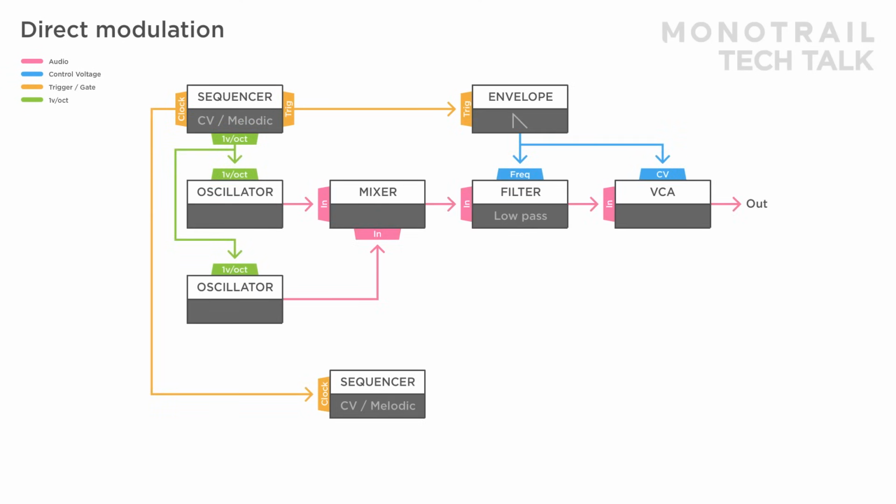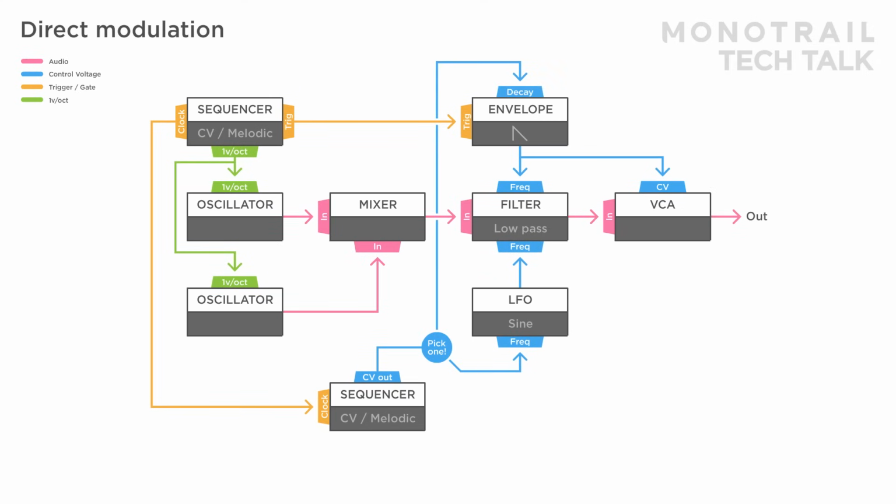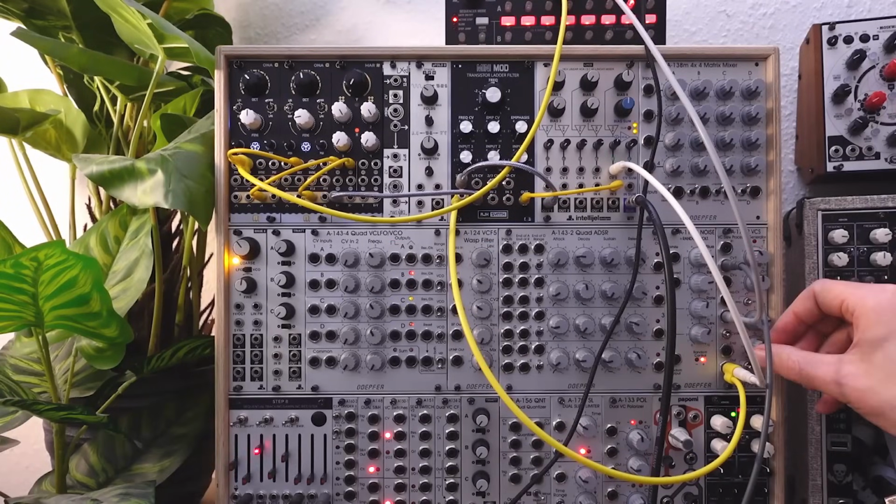Besides modulating parameters in the voice itself, you can modulate parameters on modulators. For example, the speed of an LFO modulating the filter, or the decay of an envelope opening the filter and VCA.